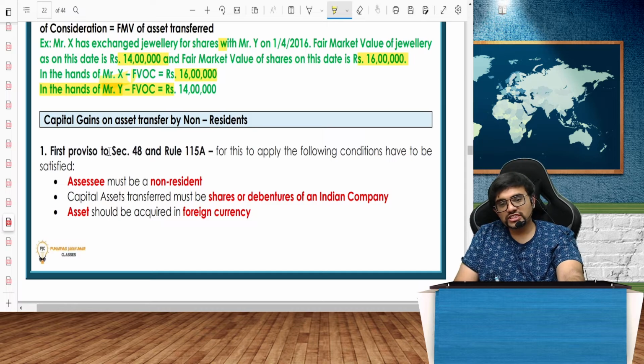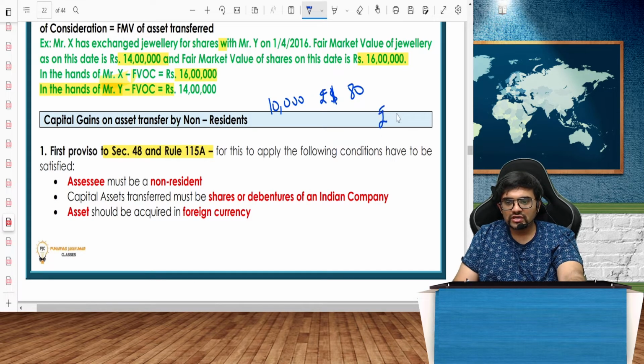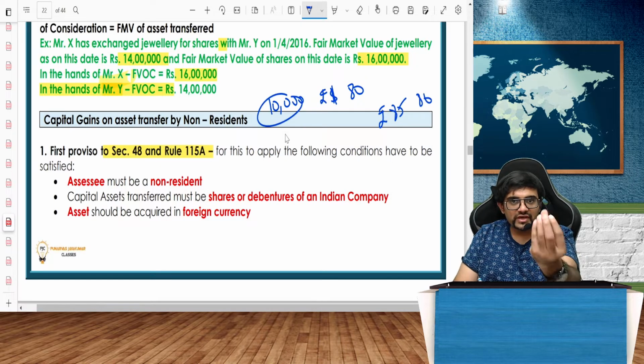First proviso to section 48 and 115A again is to appease the non-residents. I told you the same logic. If I sold something for 10,000 rupees when $1 was 80 rupees, and tomorrow the dollar becomes 85 or 86 rupees, then the investment value will reduce in dollars.